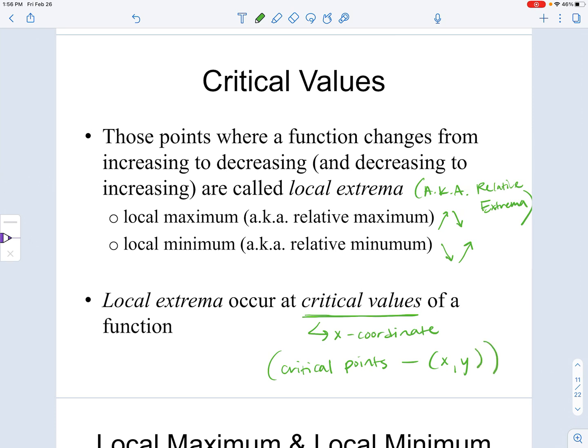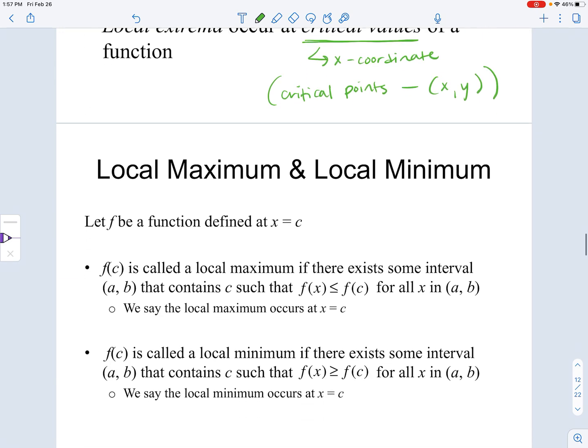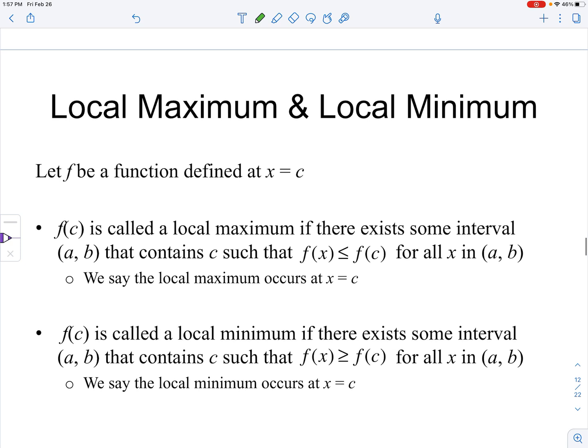And it's important to understand the difference so that you can appropriately answer a question, and you understand what I mean when I refer to a critical value versus a critical point.